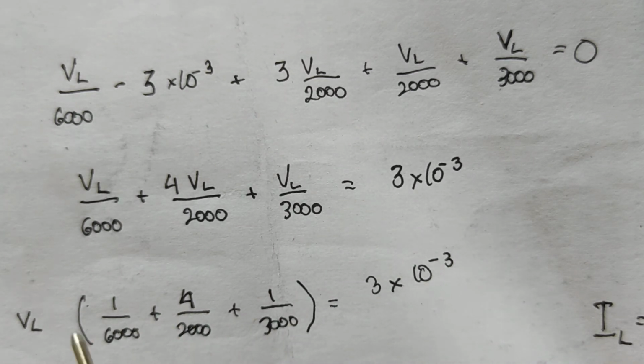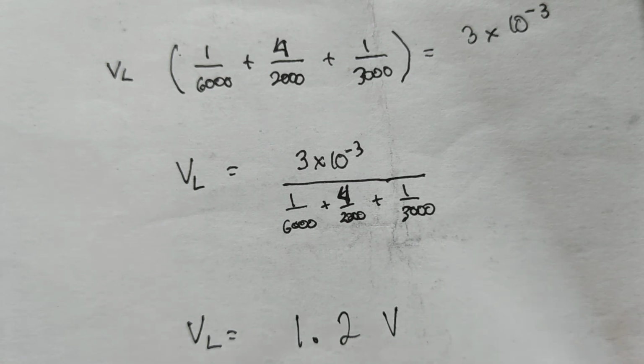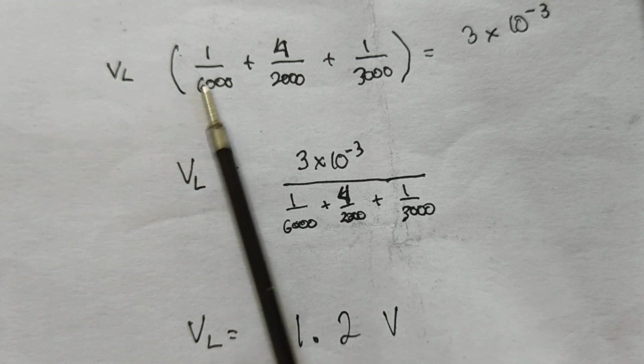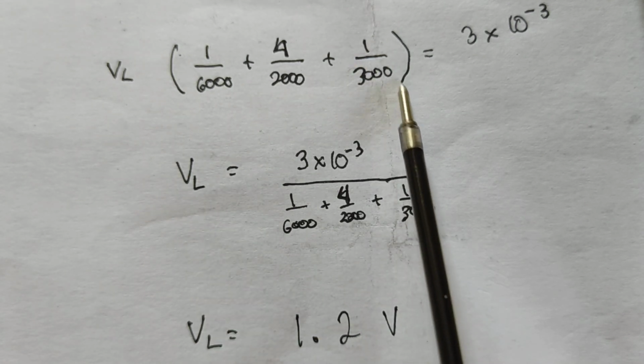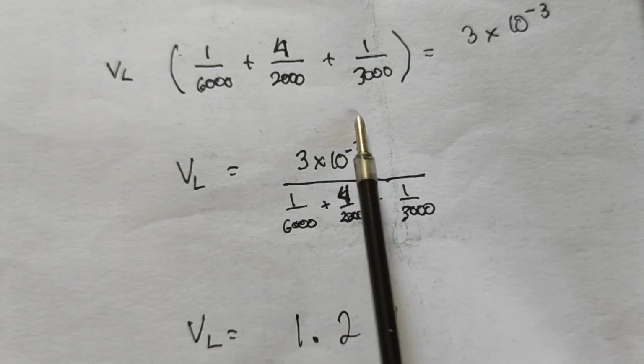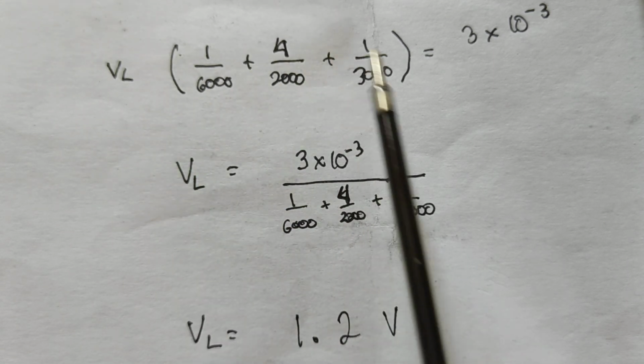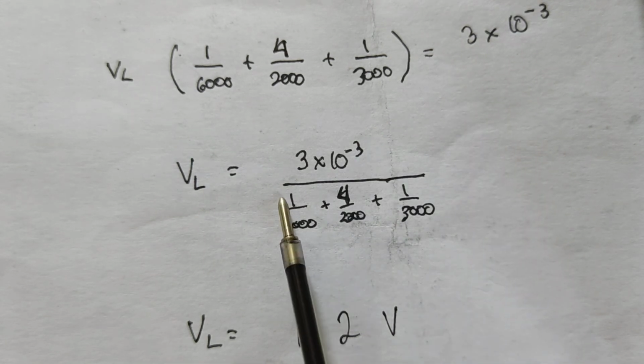The final move would be to divide both sides by this value, so it cancels here.